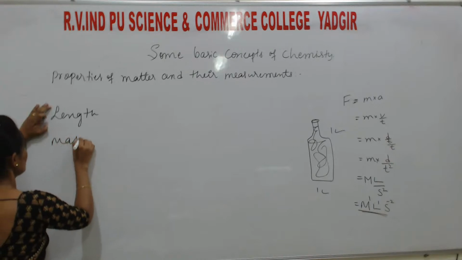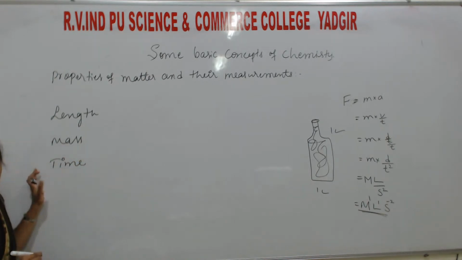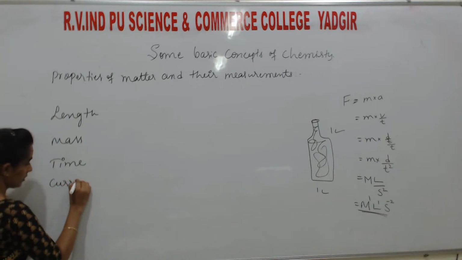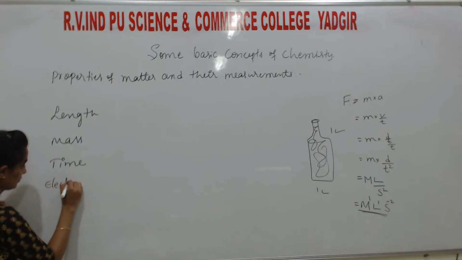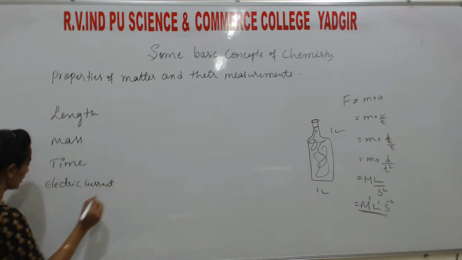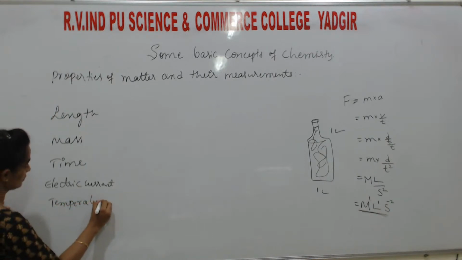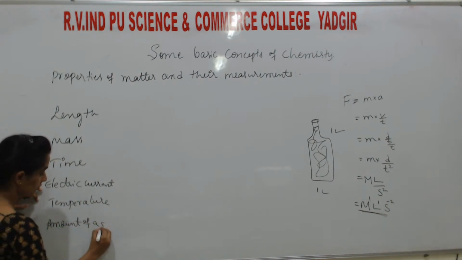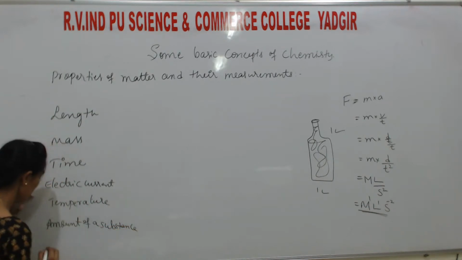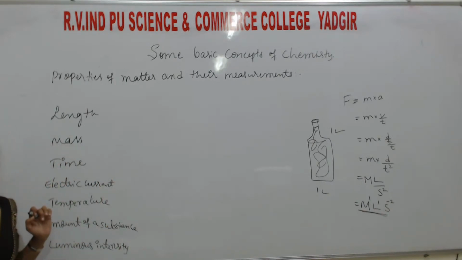So here, length is there, mass, time, next temperature, current, especially electric current, amount of a substance, and the last one is luminous intensity.